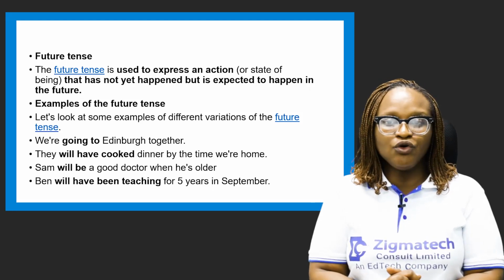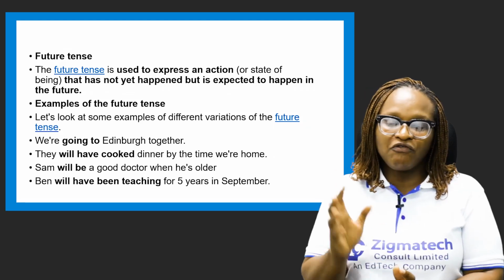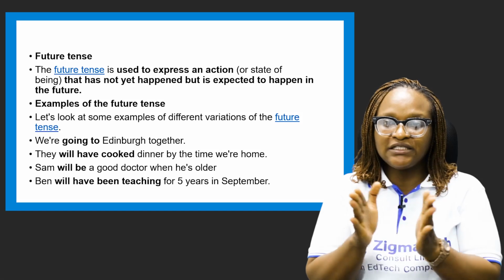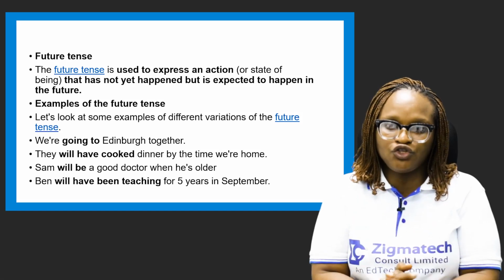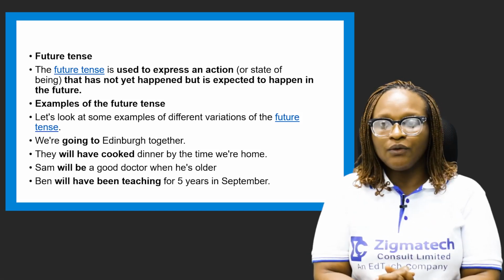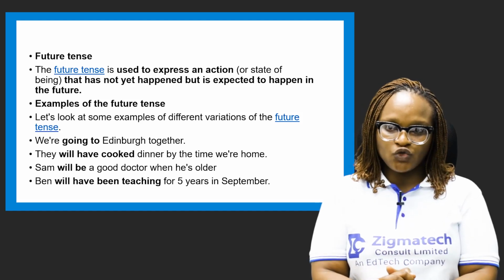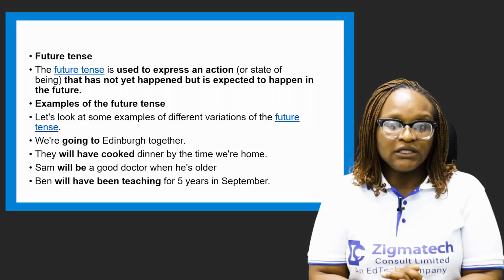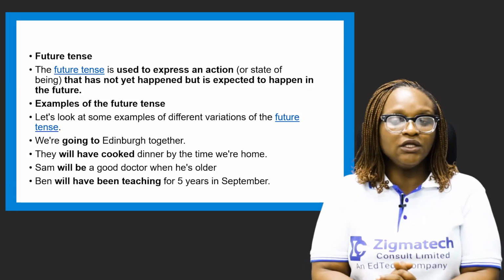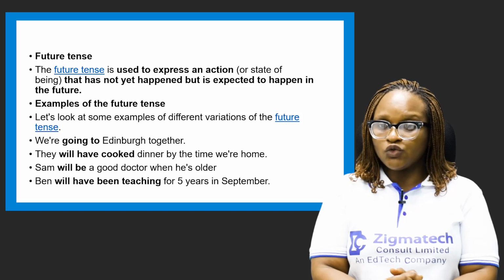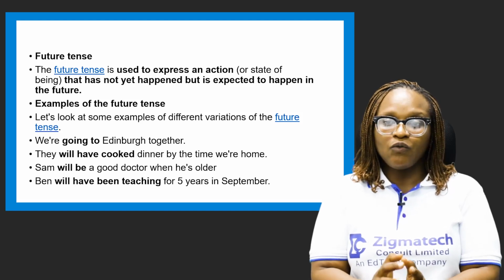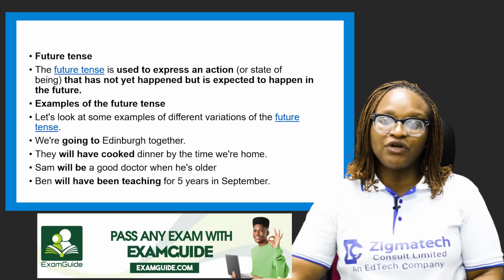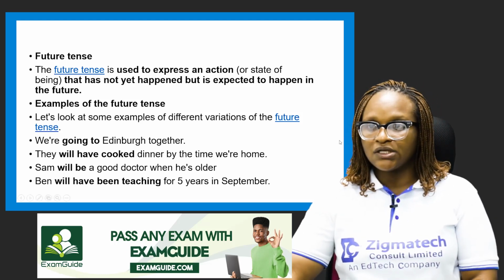Then we have Ben will have been teaching for 5 years in September. That is what? Future perfect continuous. How do I know? Have is a perfect tense word. Been is a perfect tense word. Will is future. Teaching is what? Continuous. I told us. So what we have here is what? Future perfect continuous tense.